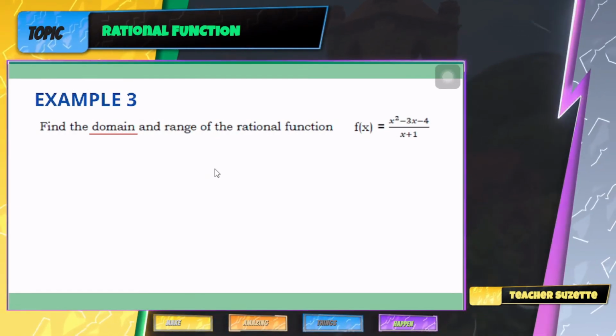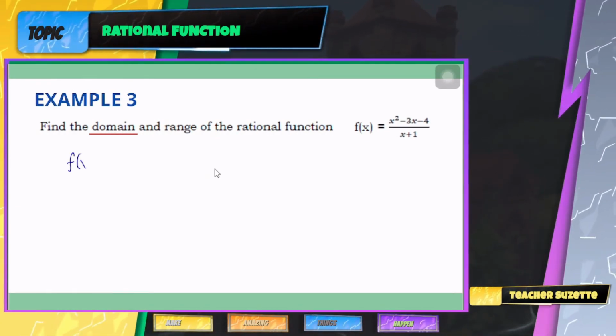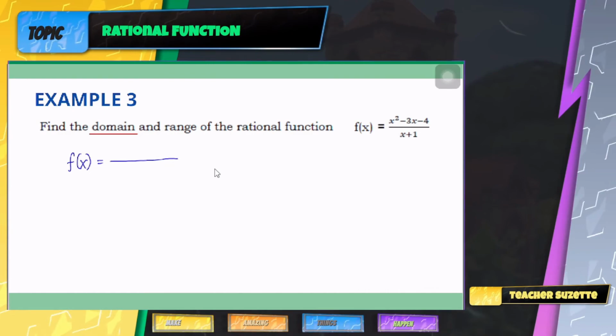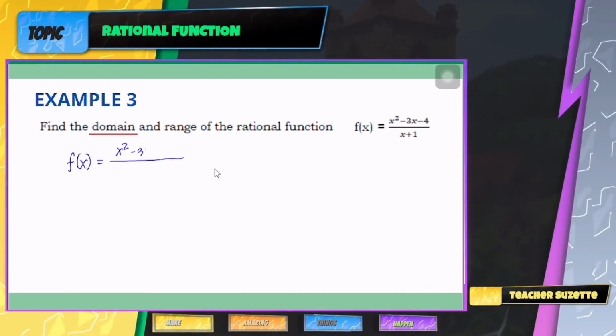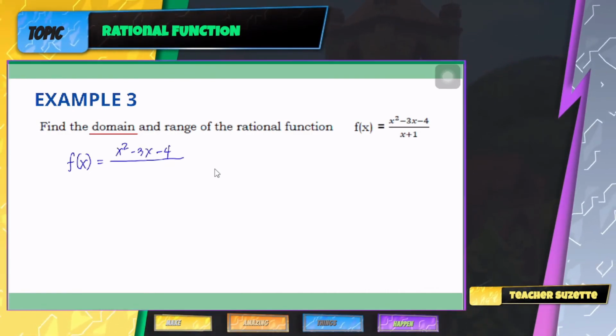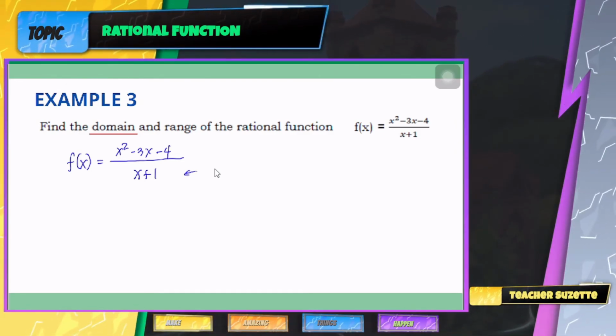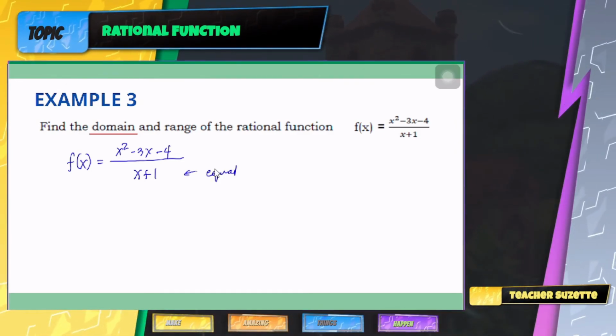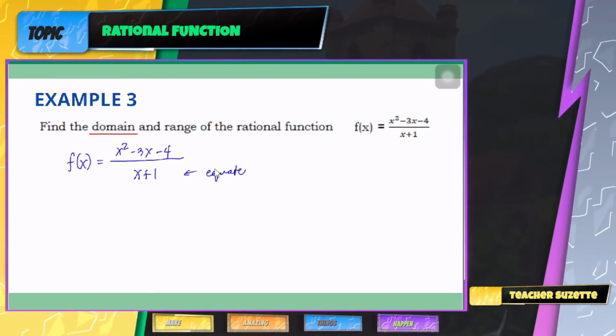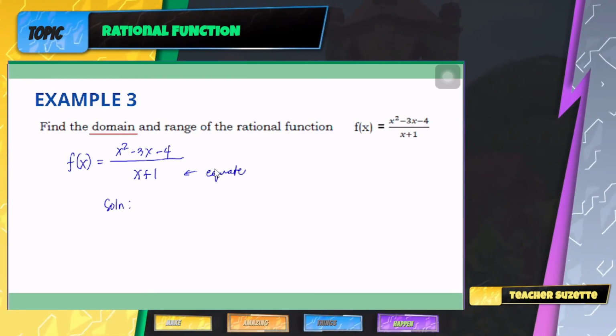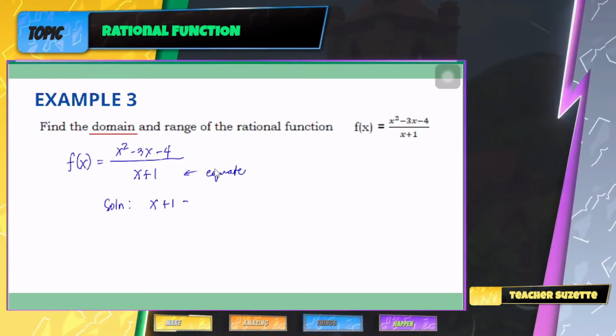Then last, if we have f of x equal to x squared minus 3x minus 4 all over x plus 1, we do the same as we did earlier. We just have to equate our denominator to 0. Solution: x plus 1 equals 0.